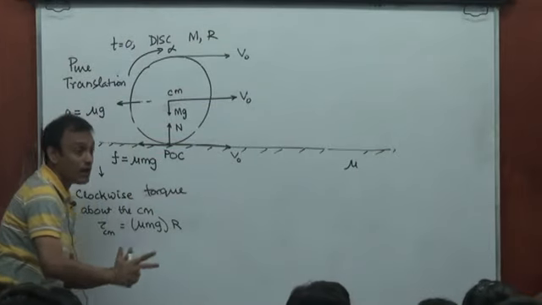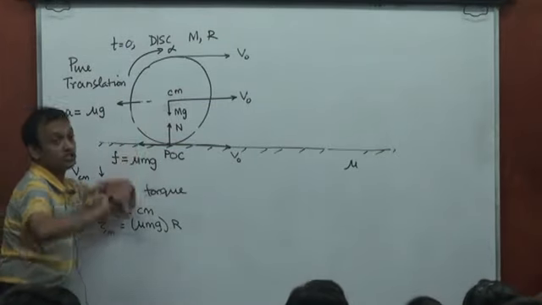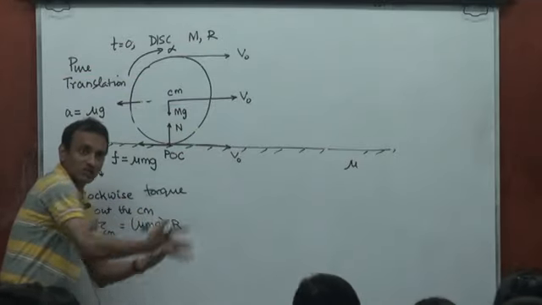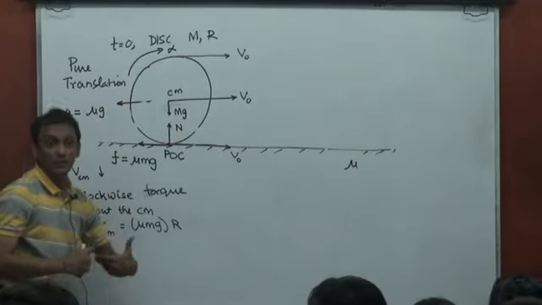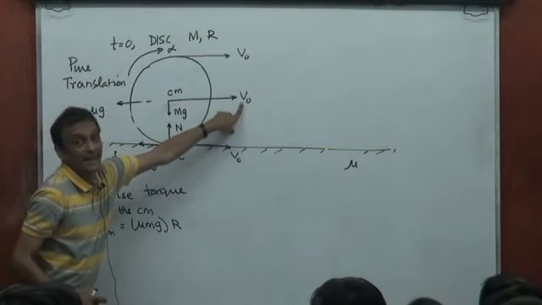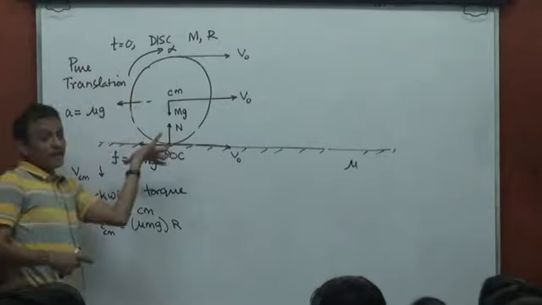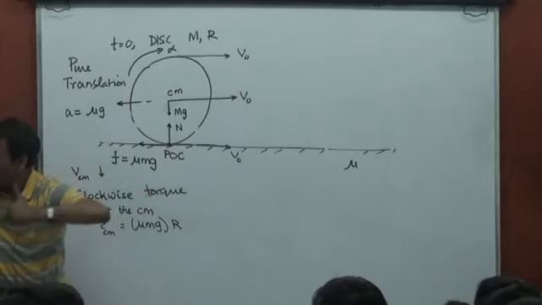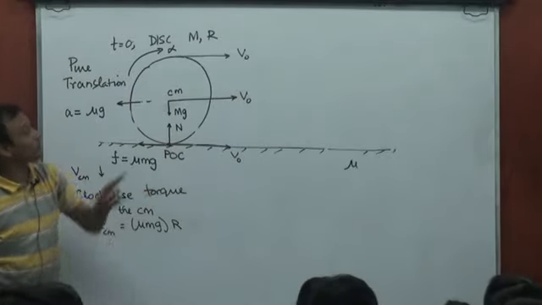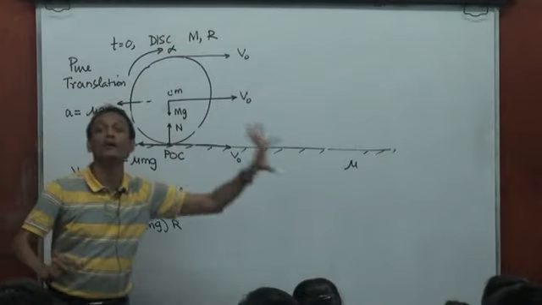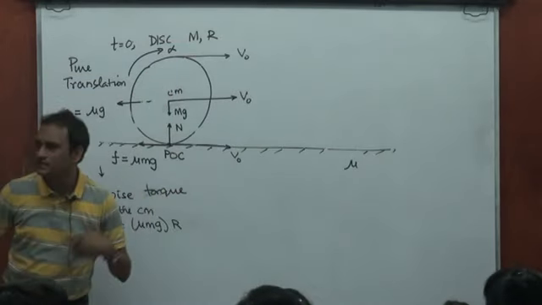If the initial angular velocity is 0, a clockwise alpha will produce a clockwise angular velocity. Which means in a period of time, VCM, the velocity of the center of mass, will decrease because of this retardation effect, and the clockwise omega will increase because of the clockwise angular acceleration.